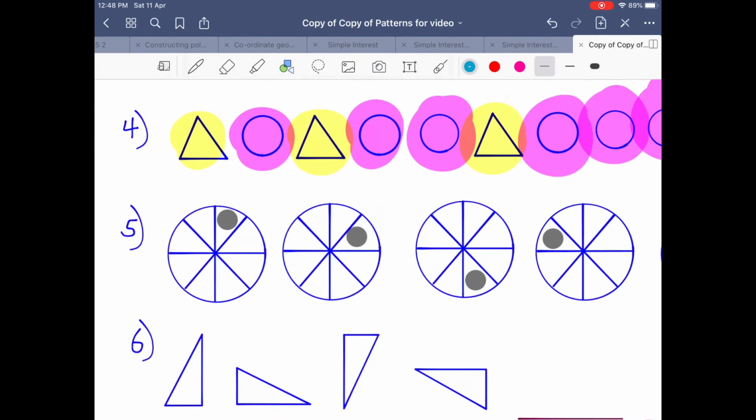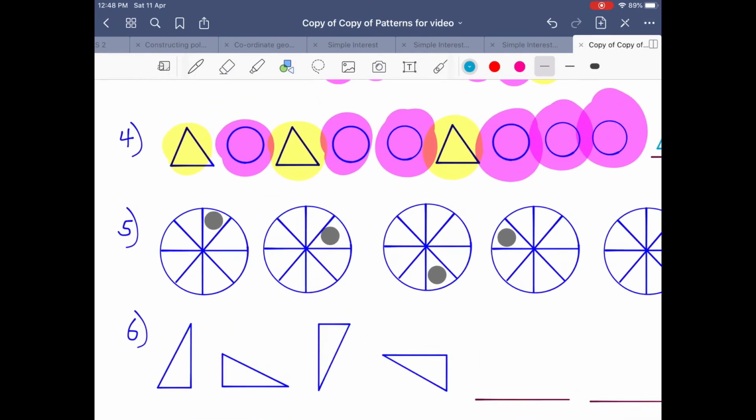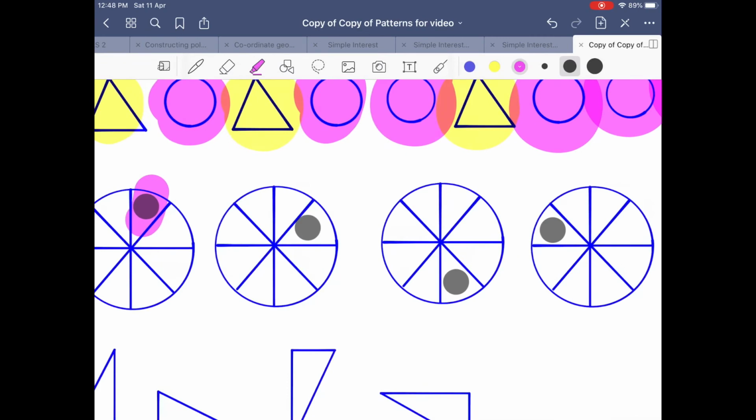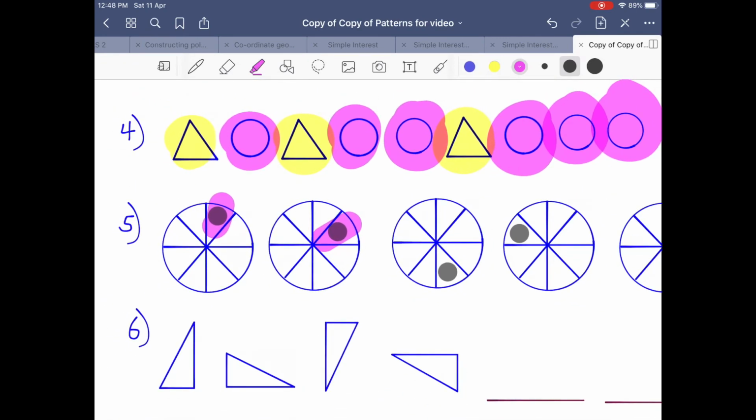Next we have circles, and we use that dot to represent shaded. So we are seeing that they are shaded, but the shaded fraction follows some pattern. So let's see. We are going from the first block to the second block, then from the second to the third, we are skipping 1.